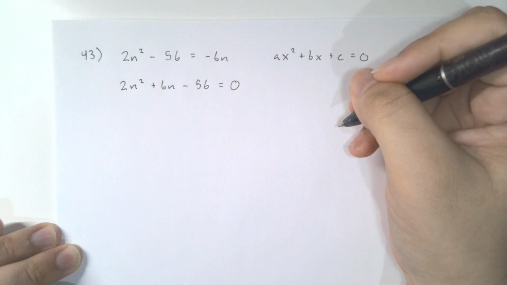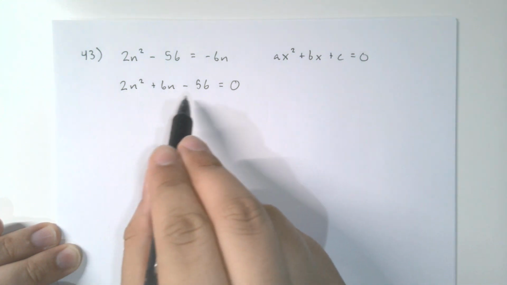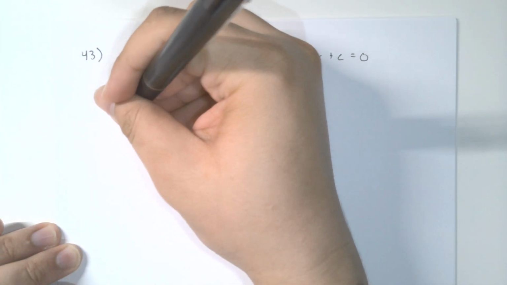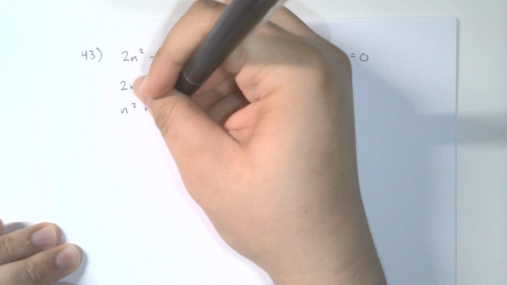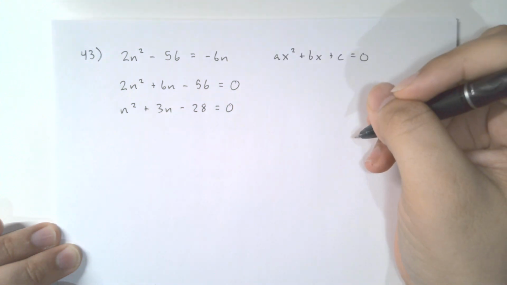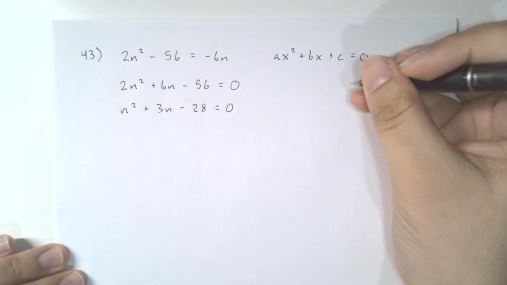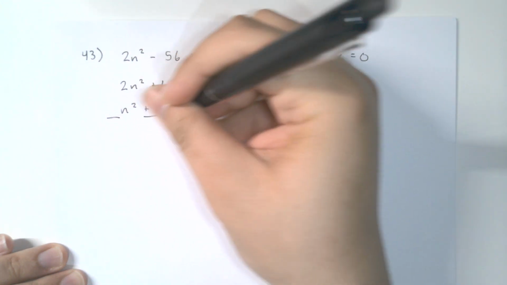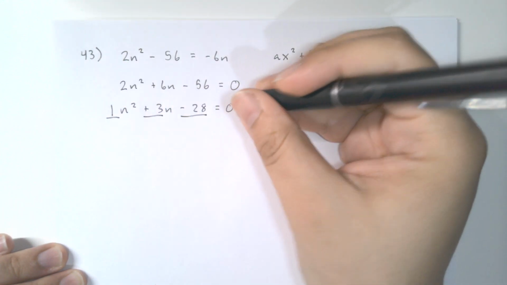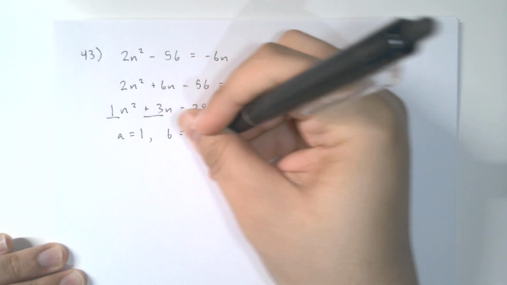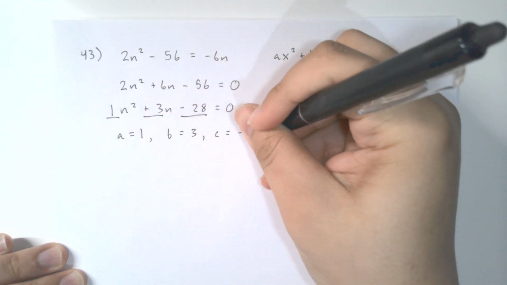And then we also want to see if we can reduce this, and it turns out that 2, 6, and 56 are divisible by 2. So if we divide everything by 2, we get n squared plus 3n minus 28 is equal to 0. So now we have to identify what a, b, and c are. Remember, this is implicitly a 1 here. So we have a is 1, b is 3, and c is negative 28.